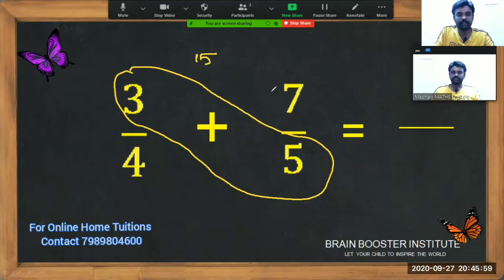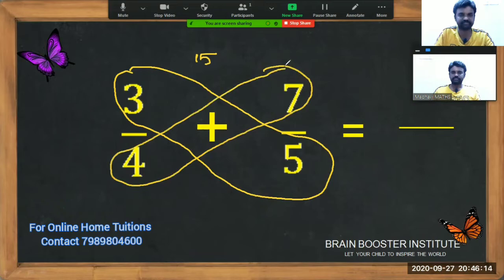In the second step, we multiply the numerator of the second fraction with the denominator of the first fraction.